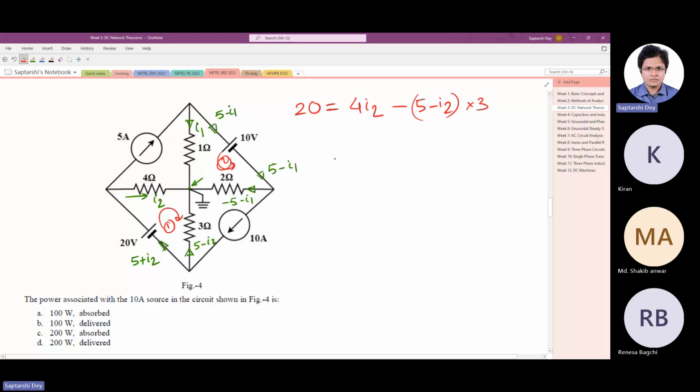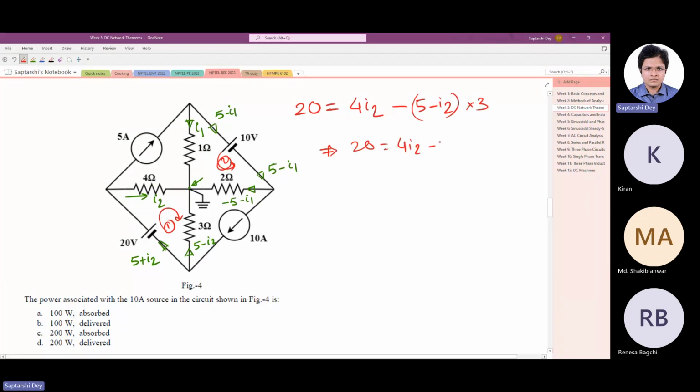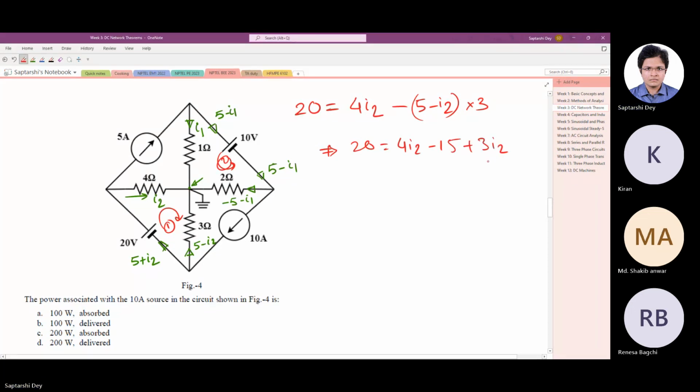This is one equation. So we got 20 equals 4i2 minus 15 plus 3i2. We can solve i2 here separately. I2 is coming 5. How much? 5, yes. 5. Then all this one also we can still solve separately.